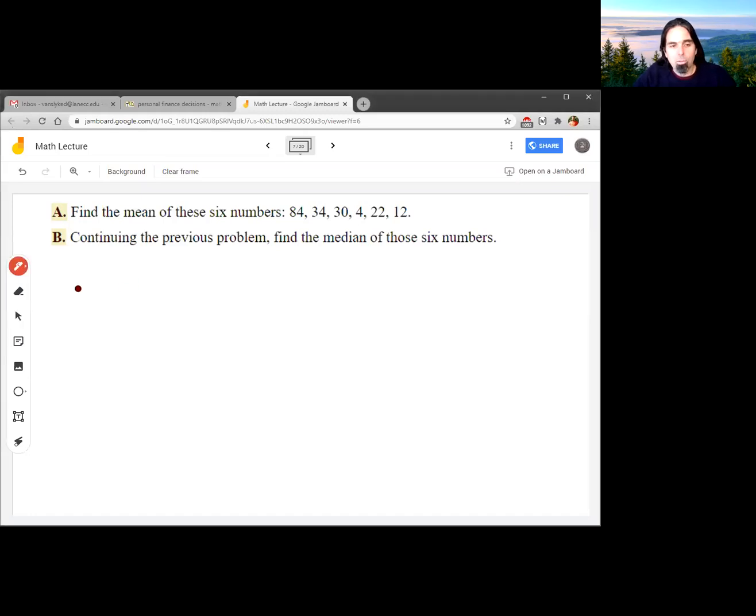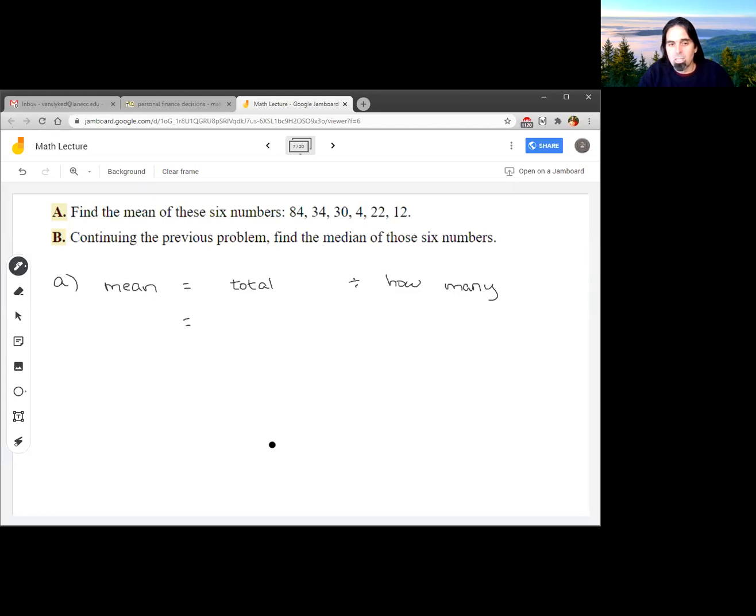Let's see if you got the right answer. So for A, the mean, total divided by how many? I'm going to add them all up. I'm just going to do it on my calculator and not actually write it on the board. 84 plus 34 plus 30 plus 4 plus 22 plus 12.